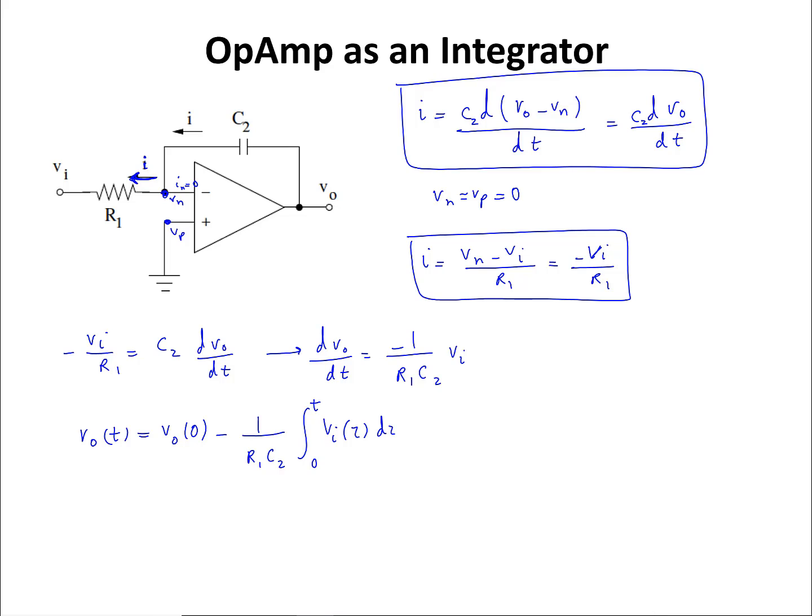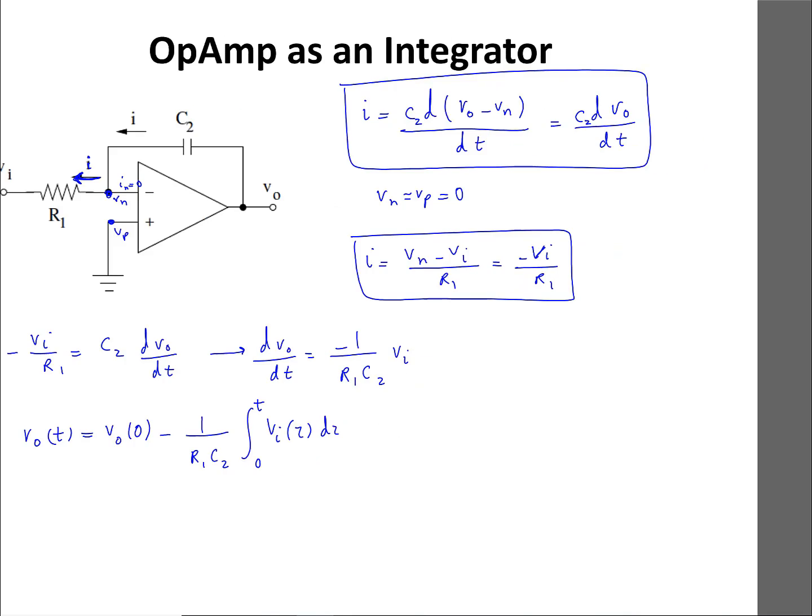So this is the equation that relates Vout to Vi in the time domain, and as you can see, this is an equation of an integrator. So this circuit integrates the input signal until time t and scales it with a coefficient of 1 over R1 times C2.